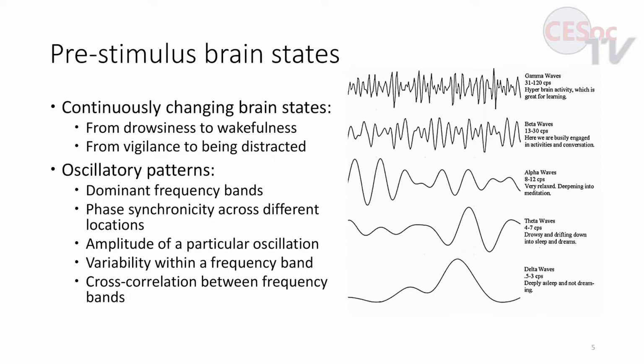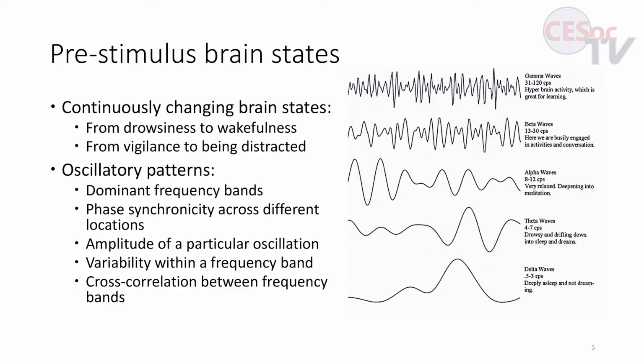So on the screen to the right, you can see different oscillatory patterns. They are mostly characterized by their frequency. And looking at the signal, we can check what is the dominant frequency band, and we can look at phase synchronicity across different locations, amplitude of particular oscillation, or variability of a frequency band.